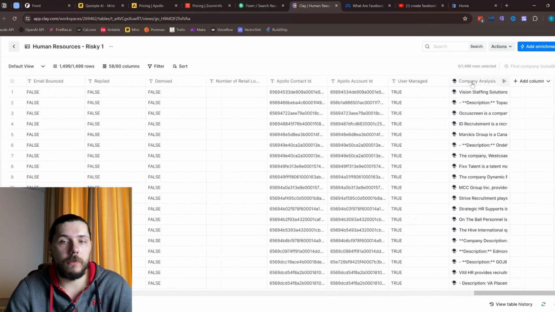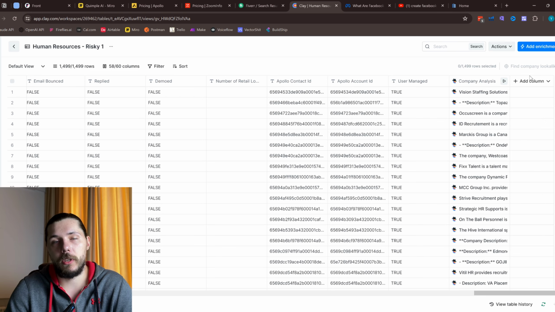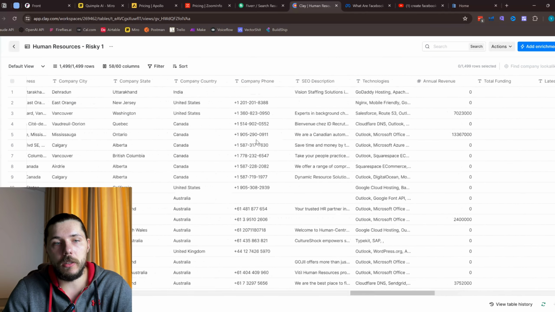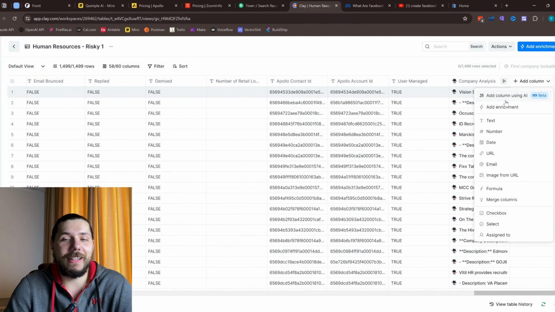But if you're willing to invest the money, this is what we usually use just for what the company does. You do receive a description about the company, like an SEO description here, but some are missing, and it's not as great as you would do it through AI. But Clay is great when you want to research the company.